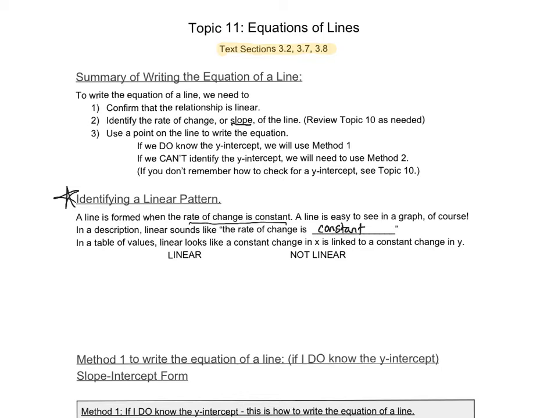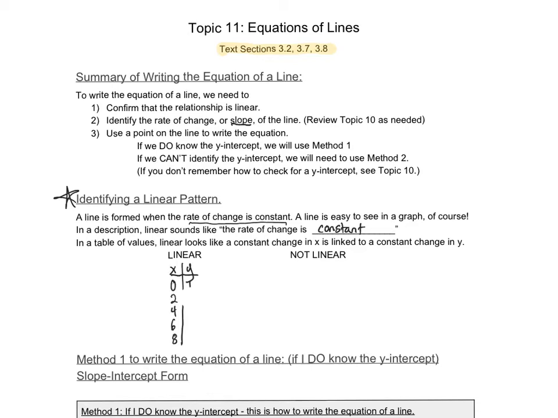Now in a table of values, linear means that as long as we're keeping our x values changing consistently, so for example here, even though the x values don't go up by ones, they're always going up by exactly the same amount, which is by twos. Linear means that the y values are always going up by adding the same number every time.